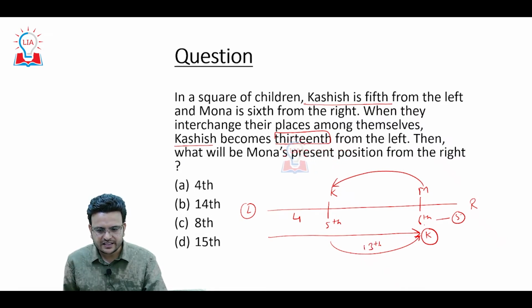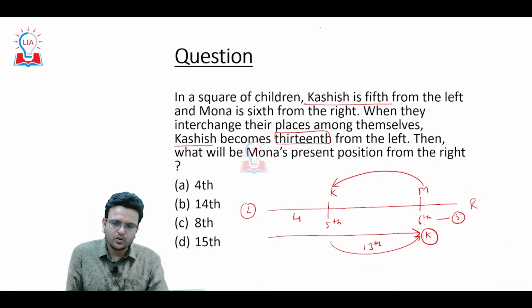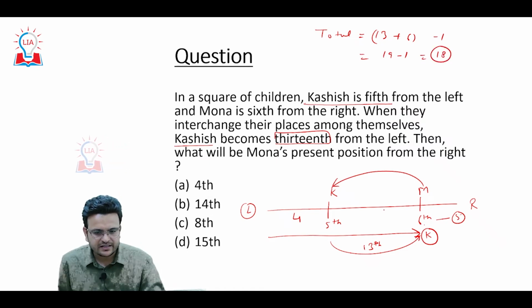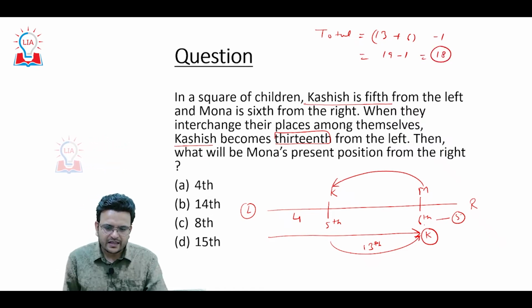So total students will be 13 plus 6 minus 1. It will be 19 minus 1, that is 18. Total are 18.